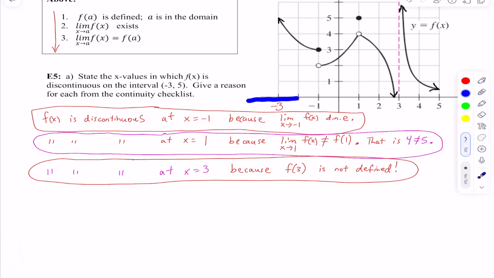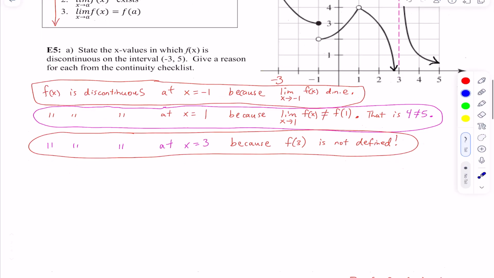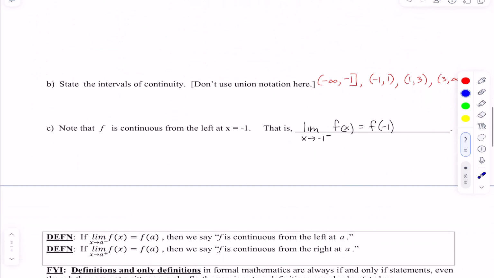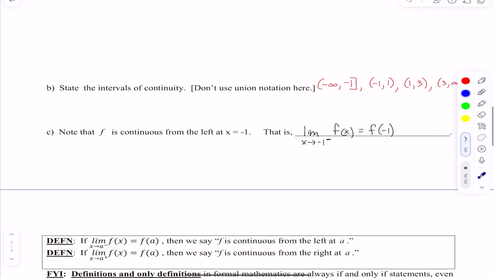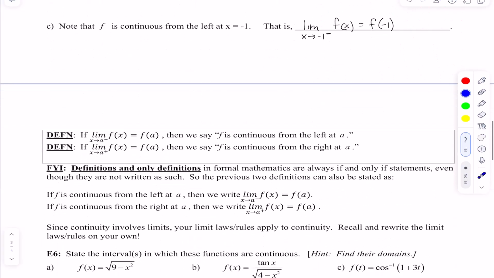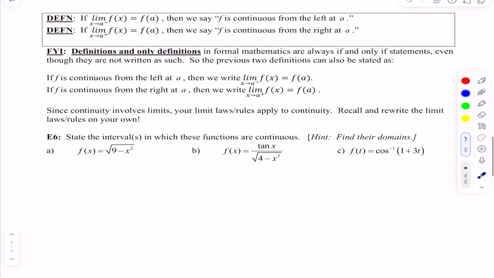As x approaches -1 from the left, the corresponding function values do approach f of -1. So it is continuous from the left-hand side as x approaches -1. There's some careful analysis using continuity for that specific example.